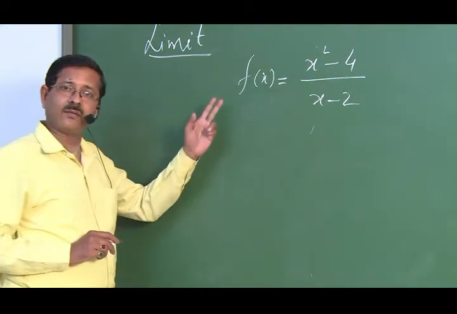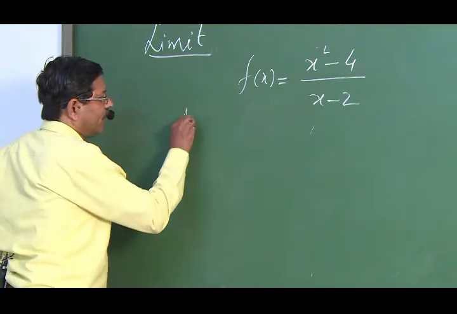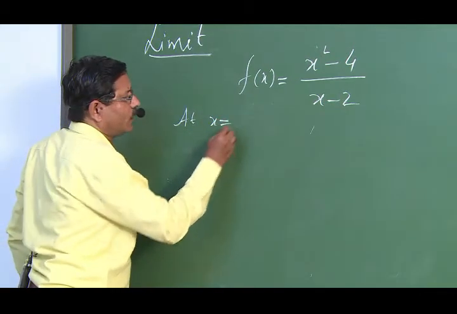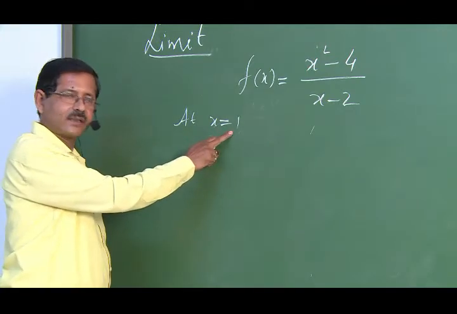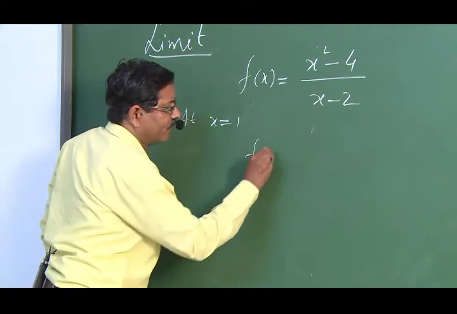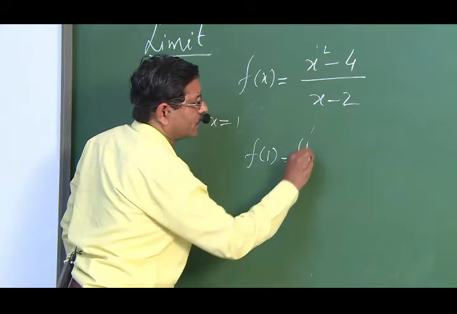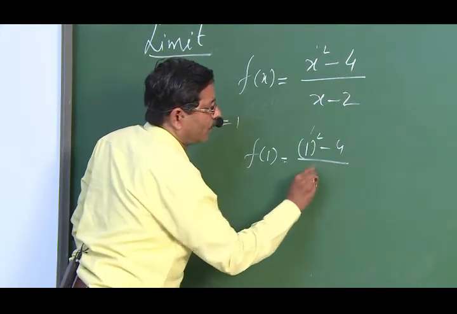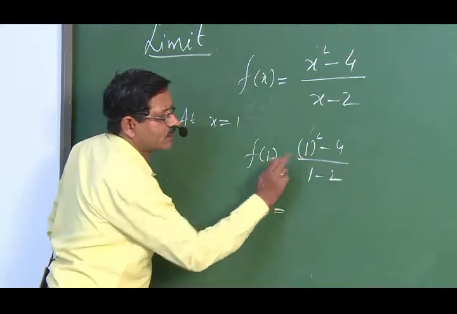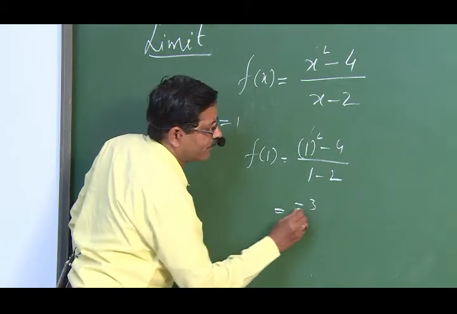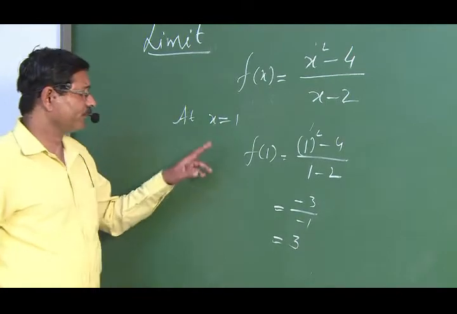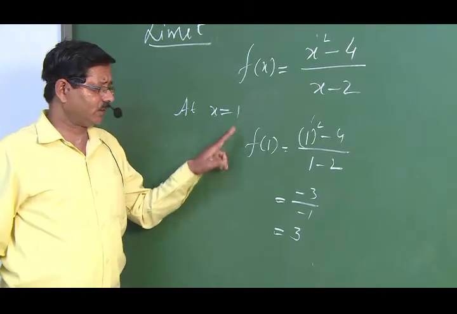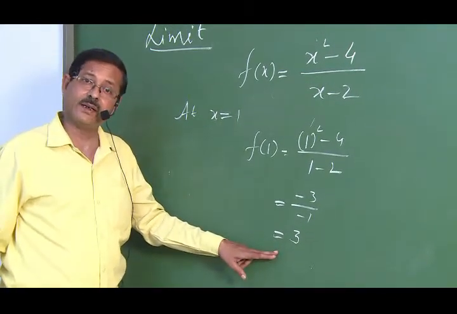Now find the value of this function at x is equal to 1. You will get f(1), which is (1 minus 4) upon (1 minus 2), which is minus 3 upon minus 1, which is equal to 3. So at x is equal to 1, the value of the function is 3, which is unique.